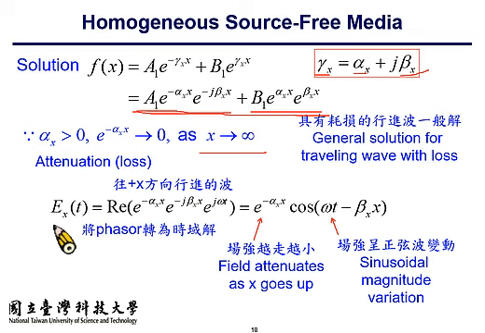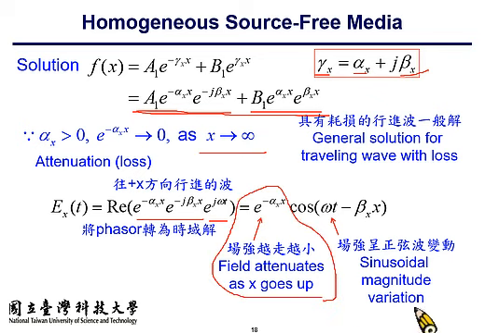So this is the phasor form. If we write the instantaneous form of the one-dimensional solution, you multiply your solution by exponential j omega t and take the real part. You end up with exponential of minus alpha x times cosine of omega t minus beta x. So field attenuation appears in the first part, and the second part only stands for phase variation.